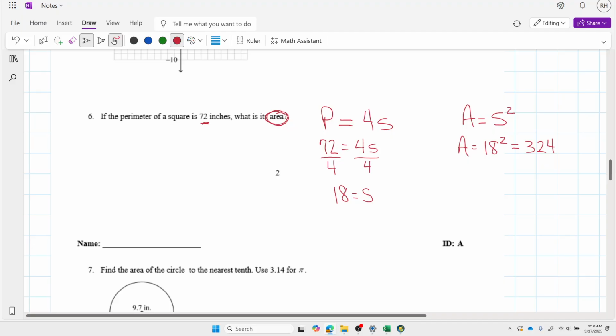This original dimension is in inches, so our area is going to be in square inches. Square inches. And a square inch is a square that measures 1 inch by 1 inch.